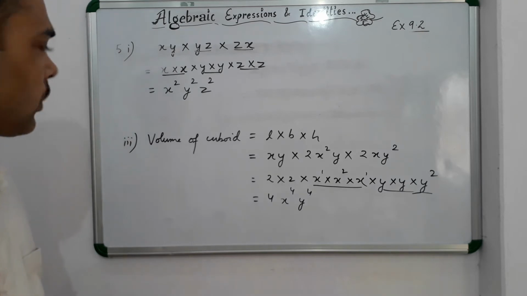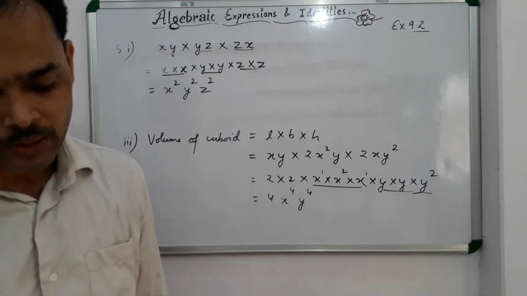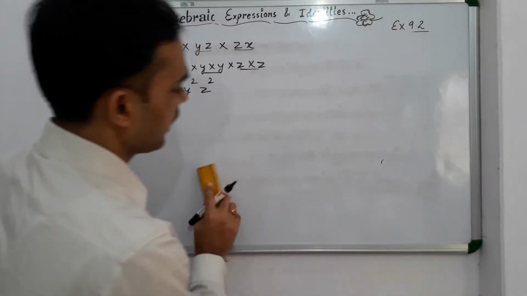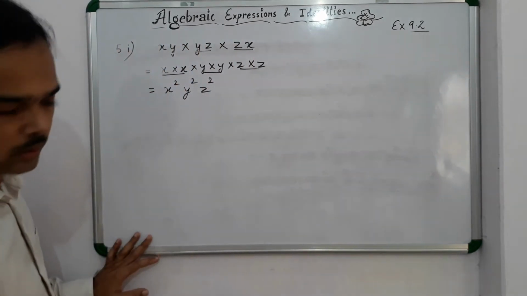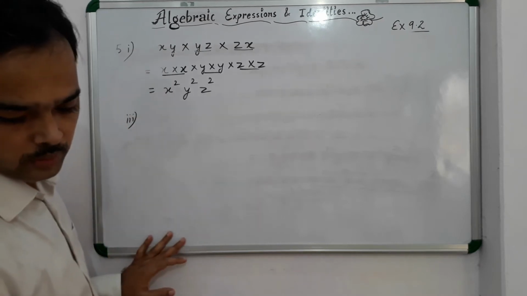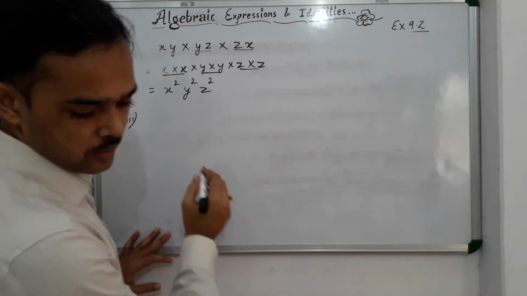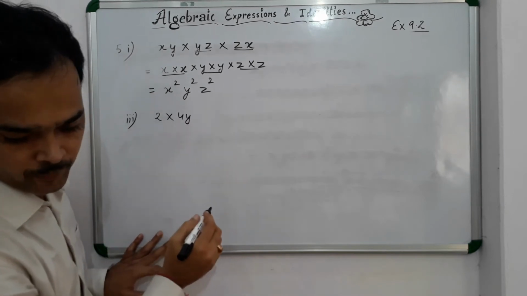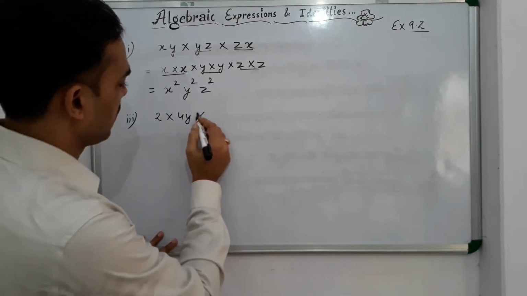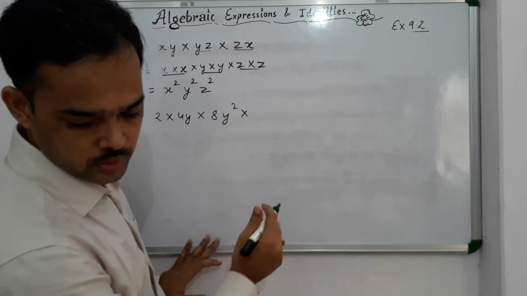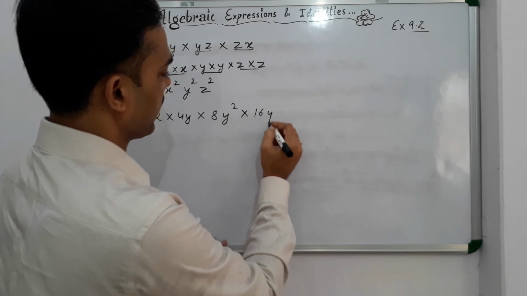Now after the first part, let us move on to the third part. In the third part, the expressions are 2 into 4y into 8y square into 16y cube.